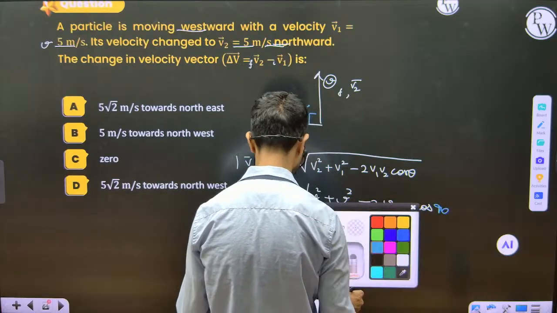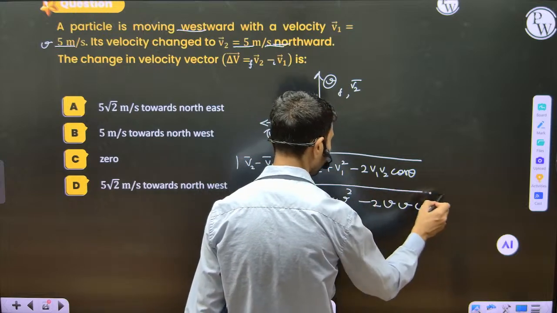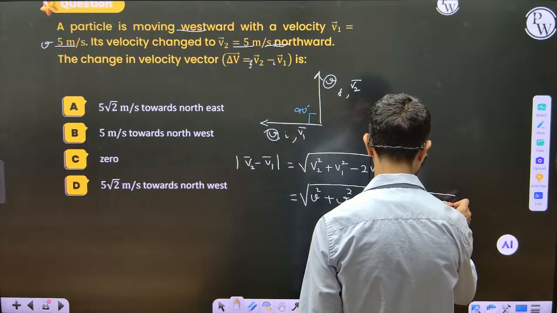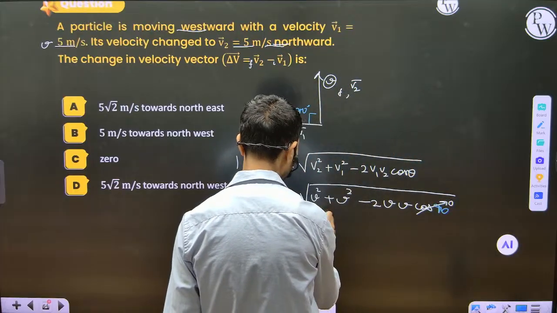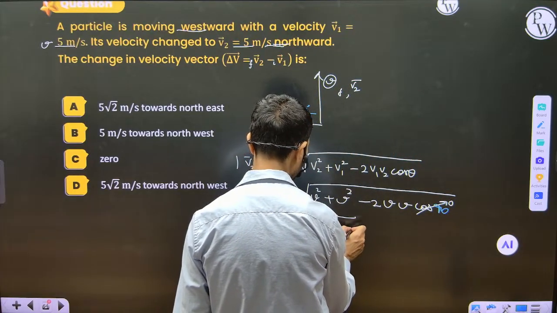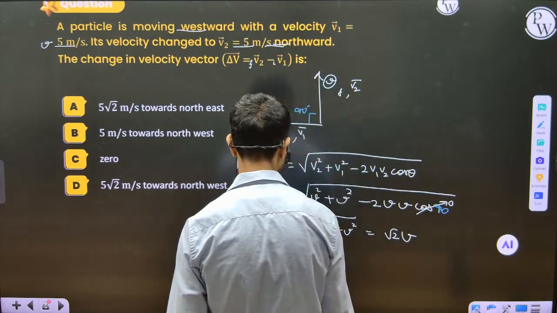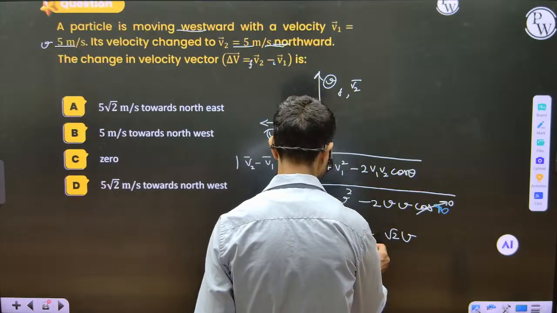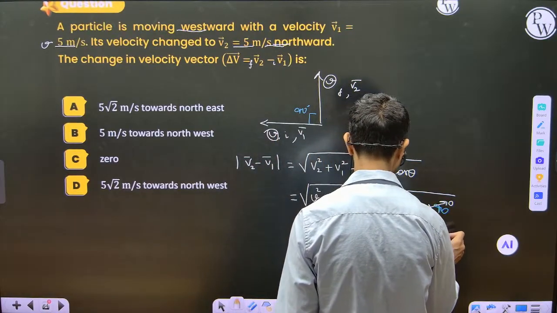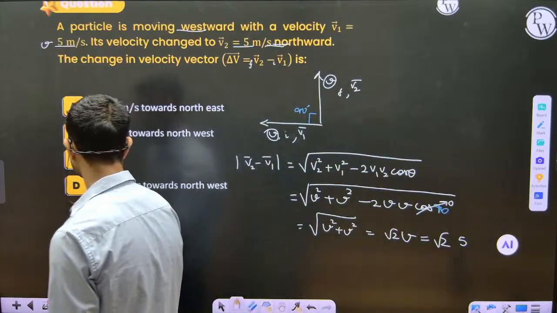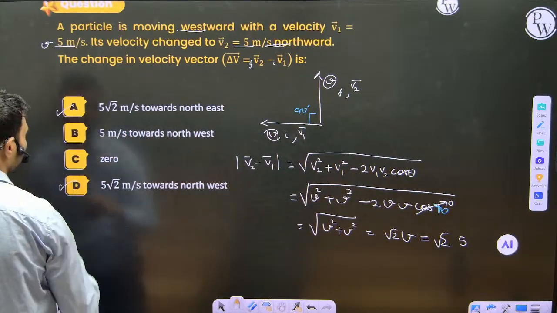So cos of 90, and cos 90 is 0. So that becomes root of u square plus u square, which is root 2 u. In other words, root 2 into u, and u is 5. So it is 5 root 2. So we have this option and this option, correct?